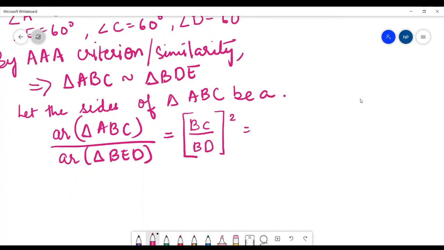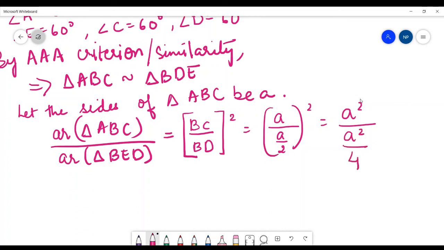The value of BC is A, upon the value of BD, which is 1 by 2A. That is A by A by 2, whole square, which is equal to A square upon A square by 4. On reversing this, we get A square into 4 upon A square. A square gets cancelled. We are left with 4 upon 1.